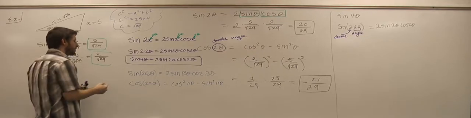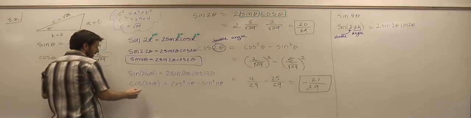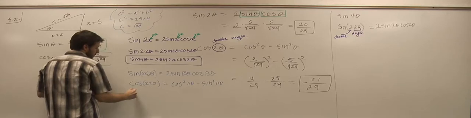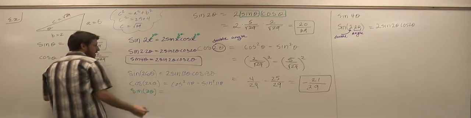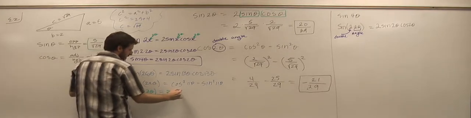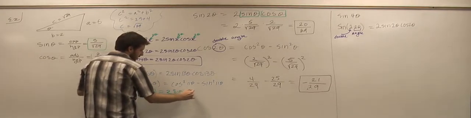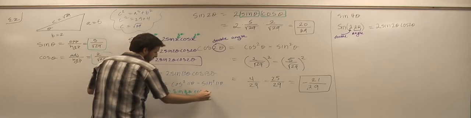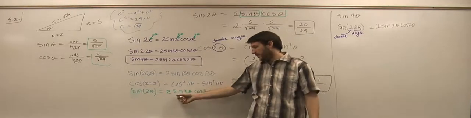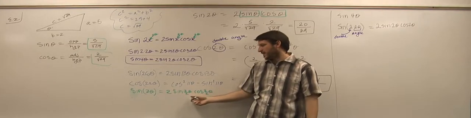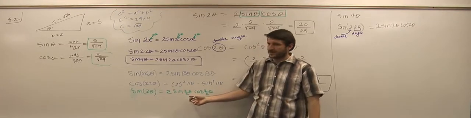I don't know if it's going to be very useful, because if you take sine of 3 theta, that would equal 2 sine 3 halves theta cos 3 halves theta. And if you happen to know what sine of 3 halves theta is, this is useful, but you usually don't.